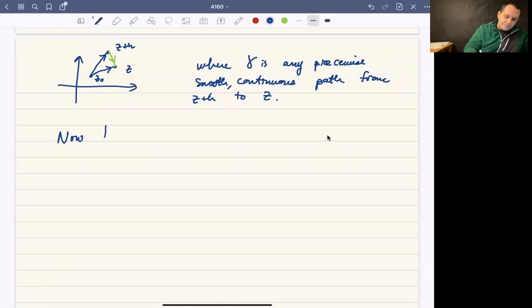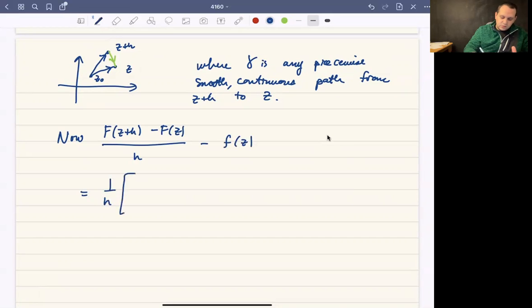We're looking at capital F of z plus h minus capital F of z, all over h, minus little f of z. That's really, if you think about it, 1 over h times this quantity that we were just looking at, times the integral over gamma of f of w dw, again, where gamma is any continuous piecewise smooth path from z plus h to z.